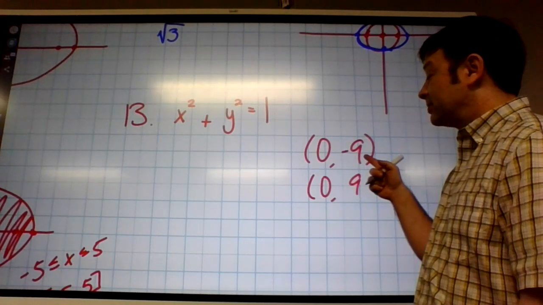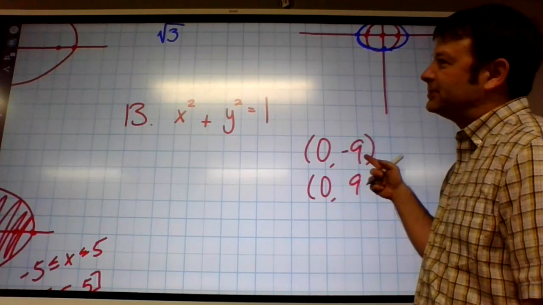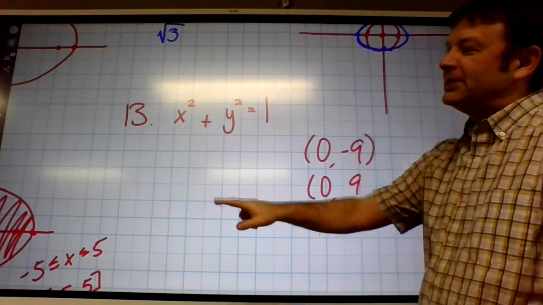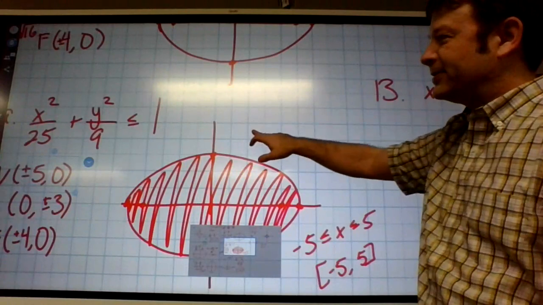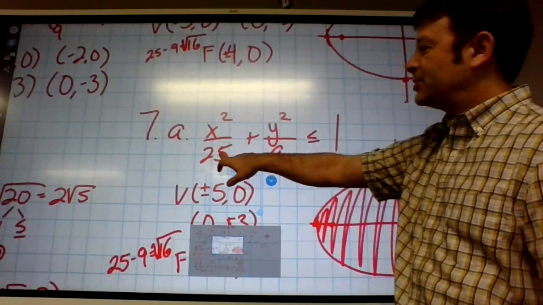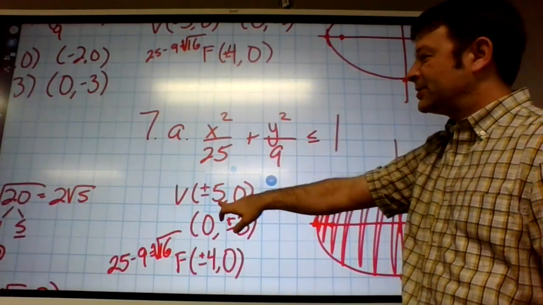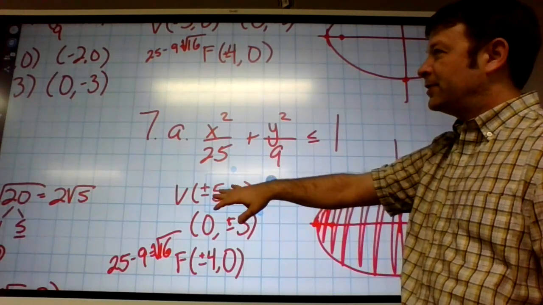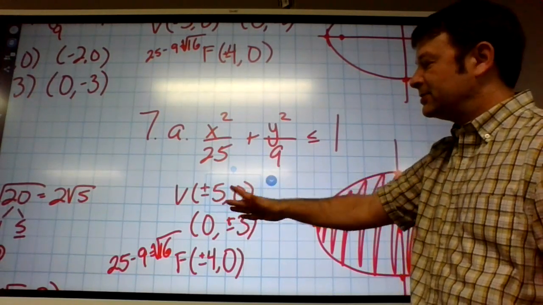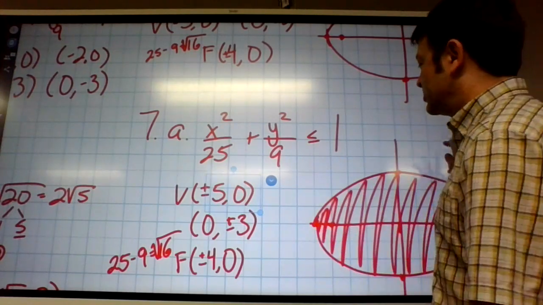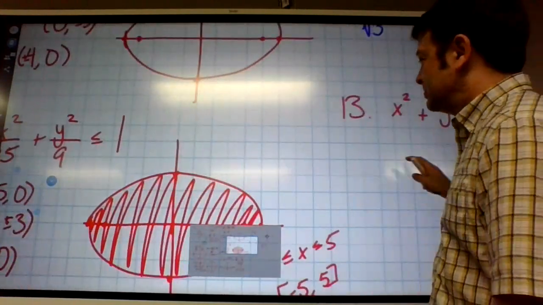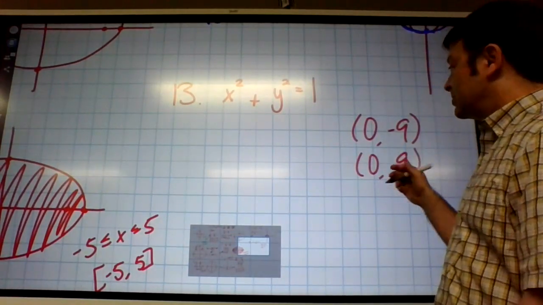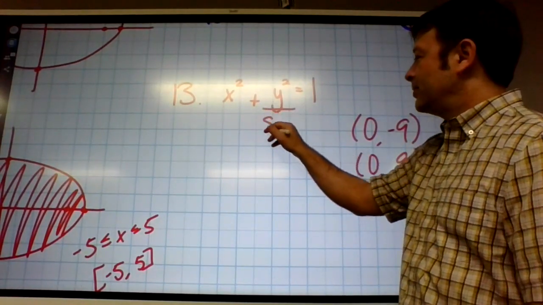What's the equation going to look like? Okay, again, let's go back. If this is a 25, the vertex was at 5. So if the vertex is at 9, over 81. What's over 81? The x, or the y? It's on the y-axis. So, yeah, this is an 81.